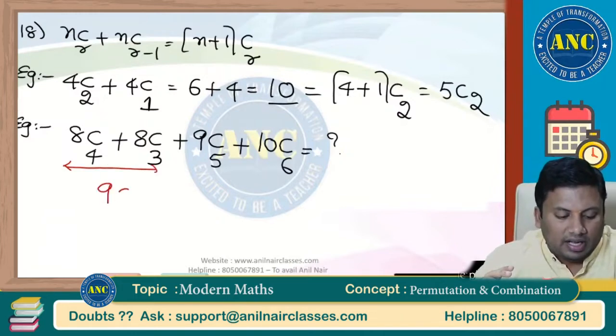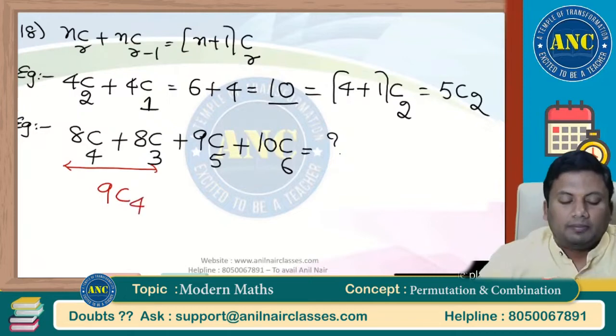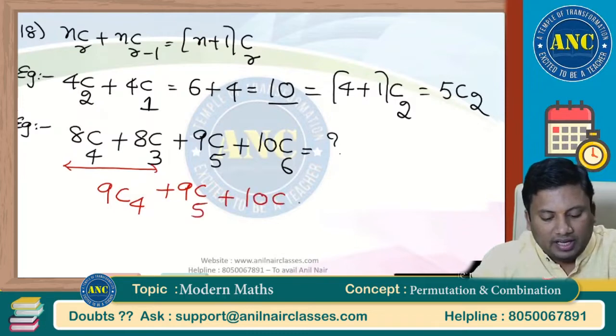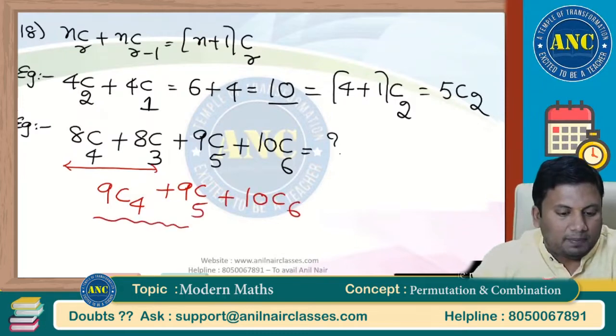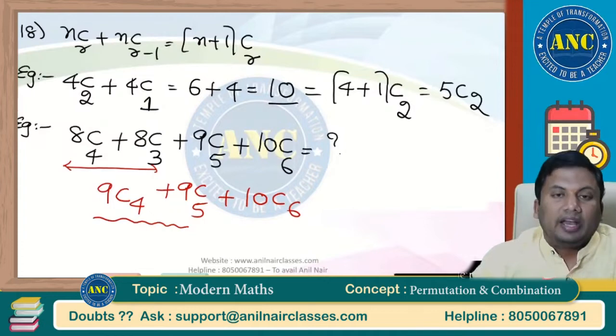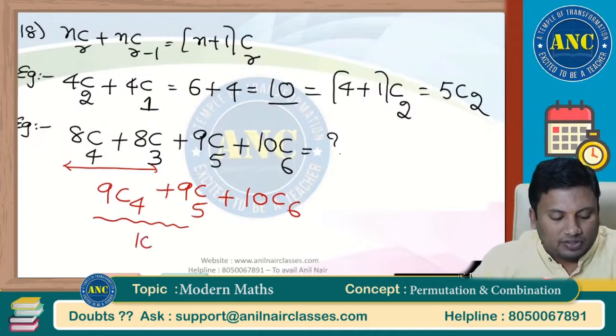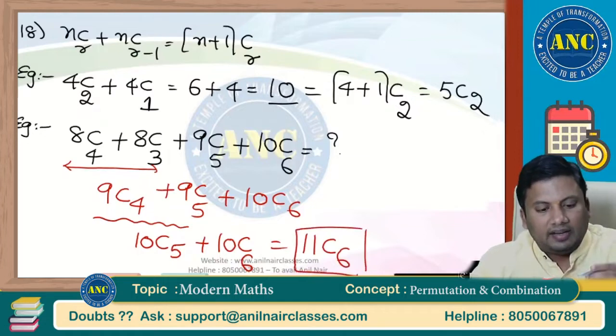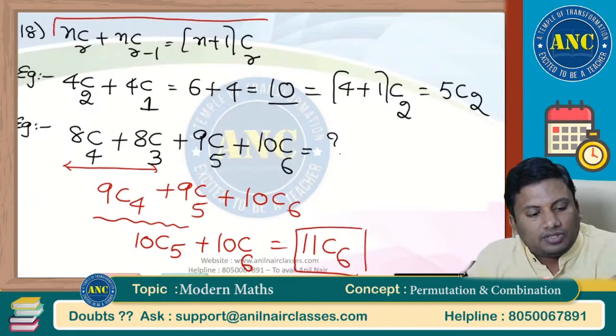So 8C4 plus 8C3 is 9C4. Then 9C4 plus 9C5 is 10C5. Then 10C6 plus 10C5 is 11C6. The answer is directly 11C6.